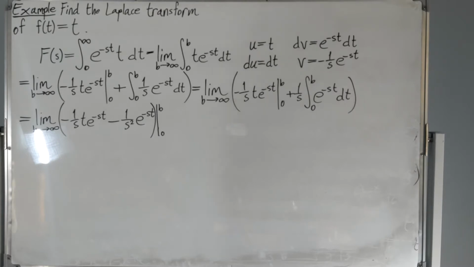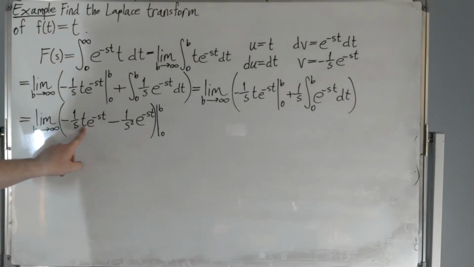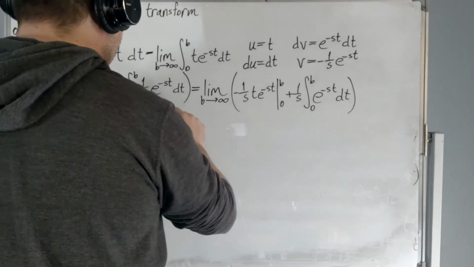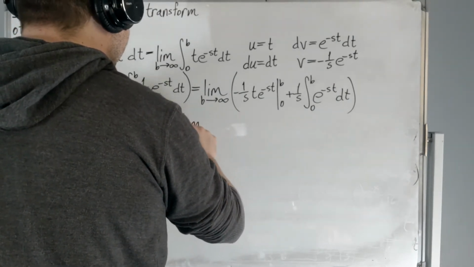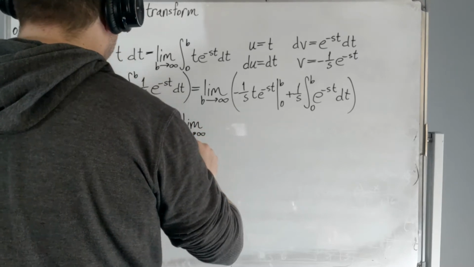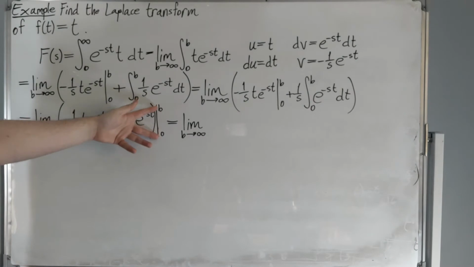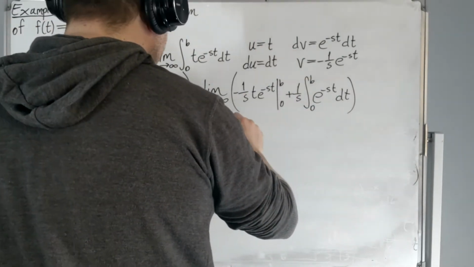Now, in order to take this limit, we're going to have to use L'Hopital's rule because we have t, which is a linear polynomial, times a negative exponential. So, well, let me rewrite this and then we'll be able to make more sense of it. First of all, we need to evaluate at 0 and b, so let me do that first.